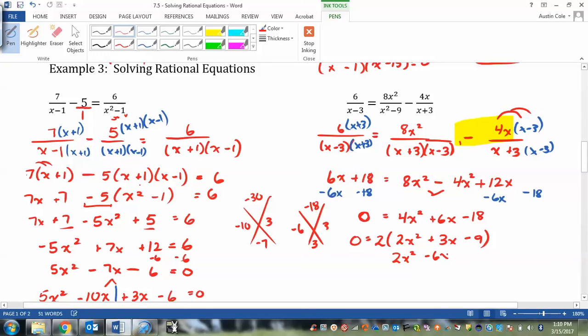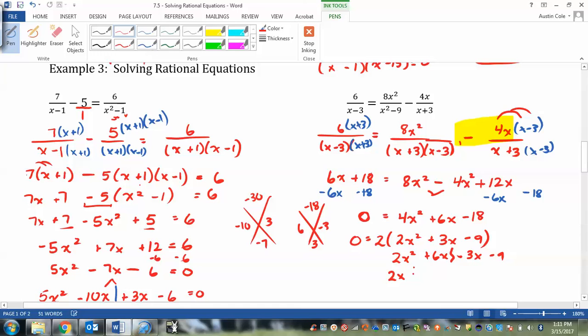So 2x squared minus 6x plus 3x. These are backwards, aren't they? Plus 6x minus 3x minus 9. Split it in half. Factor out a 2x. So 2x plus, 2x.